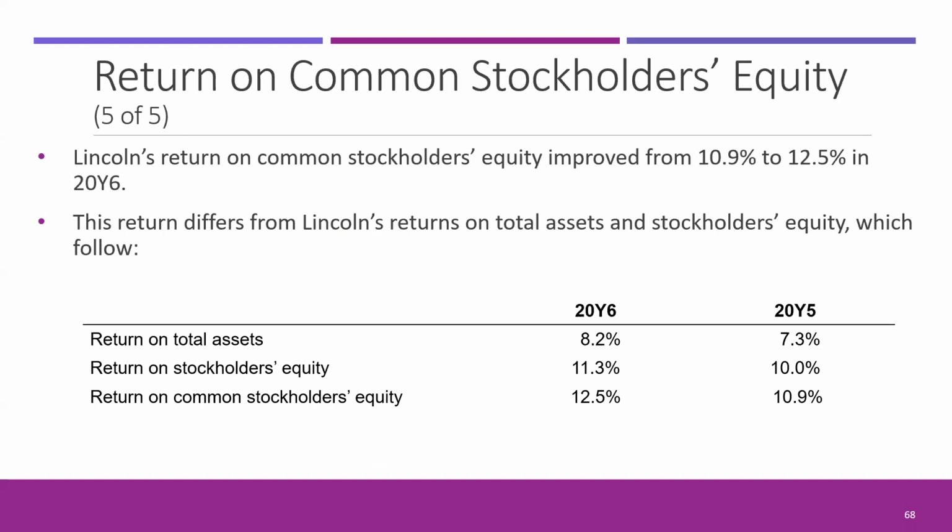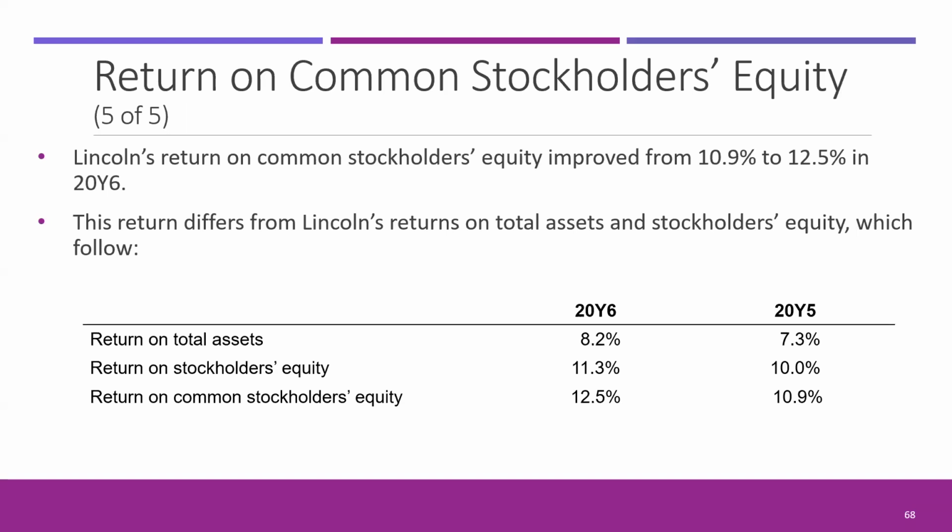So once again, there are differences here between return on total assets, return on stockholders' equity, and return on common stockholders' equity. Return on total assets is just total capital intensiveness and capital efficiency of the business. And then return on stockholders' equity and common stockholders' equity is the efficiency of the shareholders' specific use of the capital.